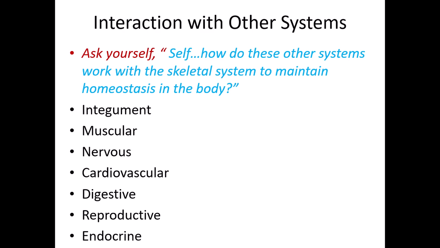And so as we go through other systems of the body, we want to ask about how each system interacts with the other systems to carry out different parts of homeostasis, how they work together to keep us safe and healthy and alive. So what do the integumentary system and the skeletal system have in common? I'm sure you're shouting out answers right now, but we know that they both protect.